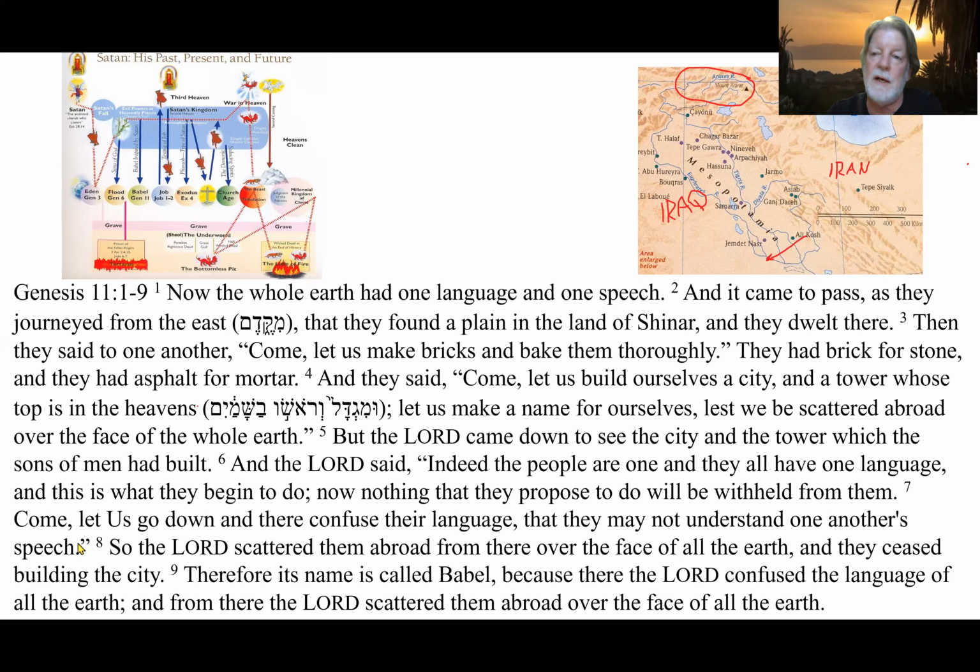So what was God trying to prevent? I don't think he was trying to stop the building of the tower because they were getting close to the third heaven.